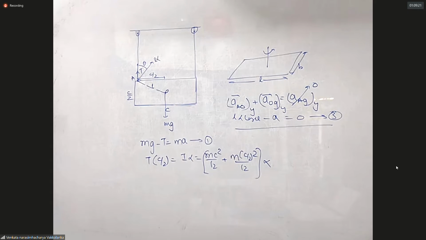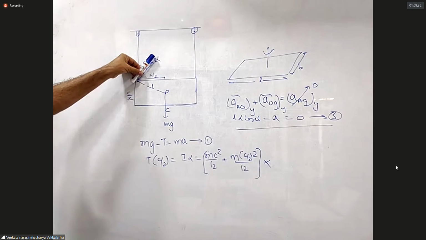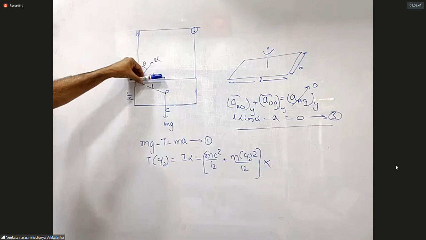So I have a silly doubt. Can I ask it? Ask. Over here, at point A, there's tangential acceleration L alpha at an angle theta, right? That tangential acceleration will have some component along the x-axis also, right? Perfect.